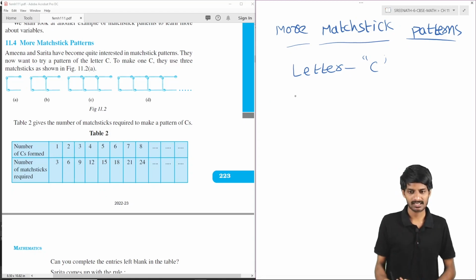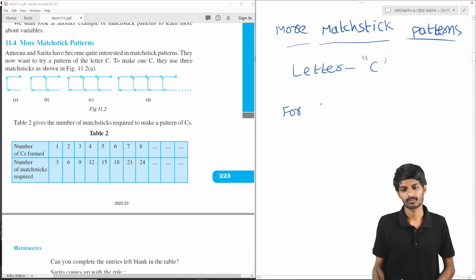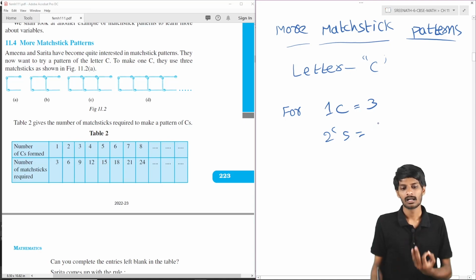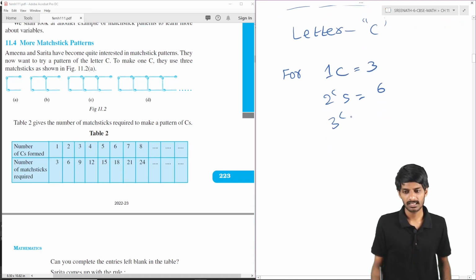If you observe, students, for 1 C, how many? That is 3 matchsticks. For 2 C's, 6 are required. For 3 C's, 9 are required.